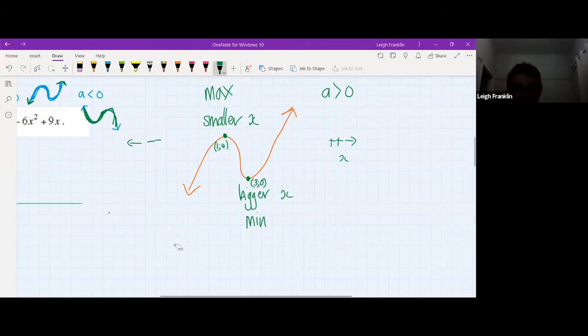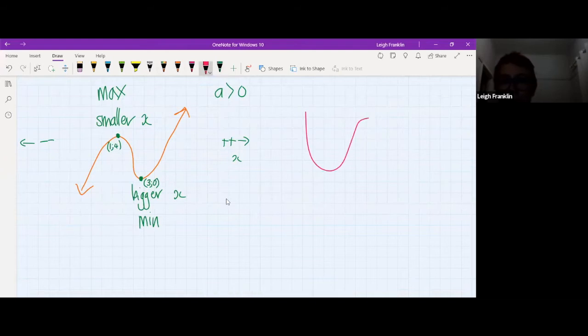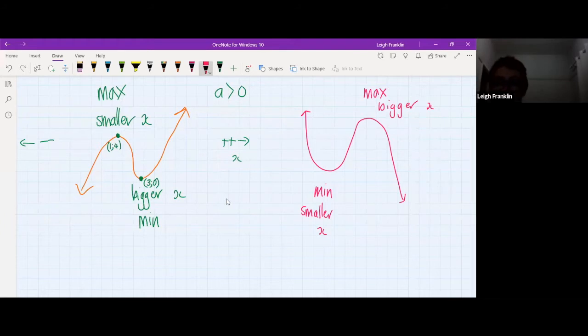Okay, if my graph was first concave up and then concave down, my minimum comes first and my maximum comes second. So my minimum is going to be where the smaller x is, and my maximum is going to be where my bigger x is.